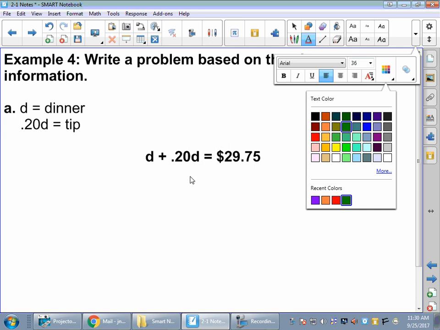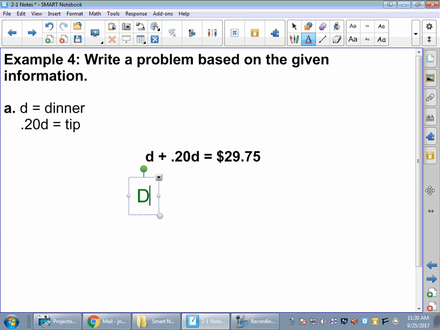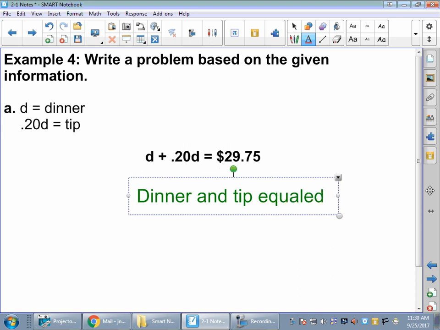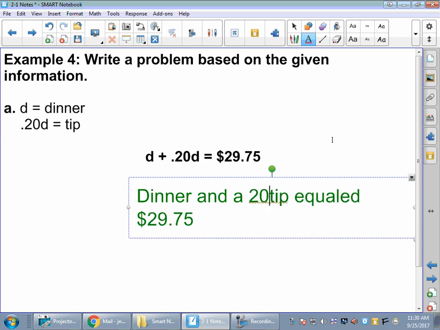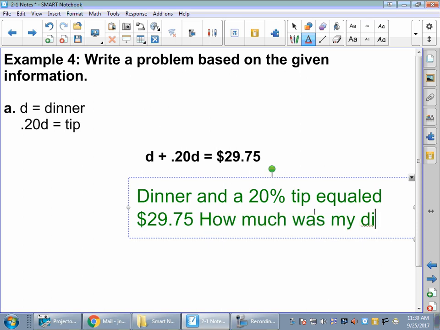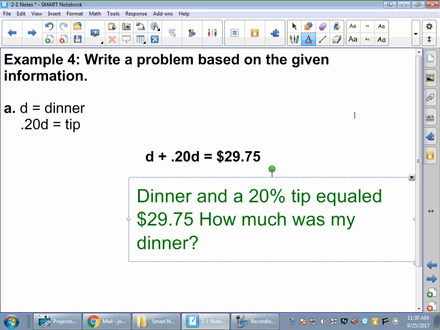So we could say dinner and tip equaled $29.75. And actually, if I wanted to, I could even be a little bit more specific about my tip. Dinner and a 20% tip equaled $29.75. How much was my dinner? More than one choice there.